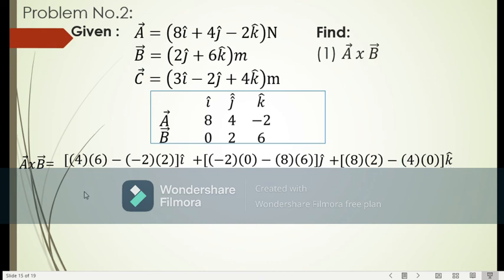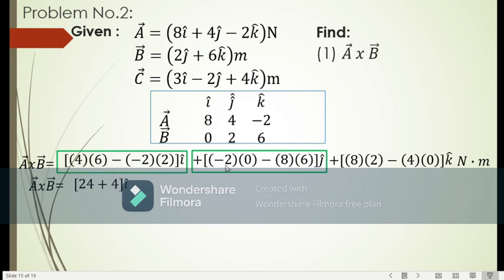Simplifying this, 4 times 6 minus negative 2 times 2 is 24 plus 4, I hat. For the J hat, we have 0 minus 48. And for the last term, we have plus 16 minus 0, K hat. And the unit is Newton times meter.